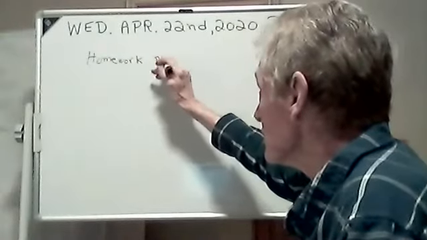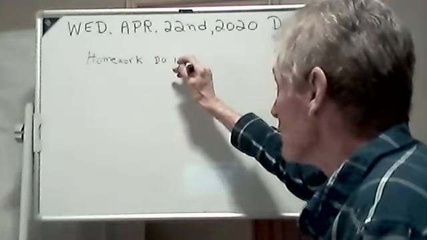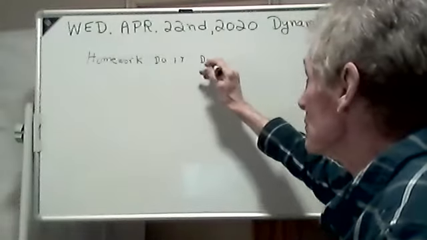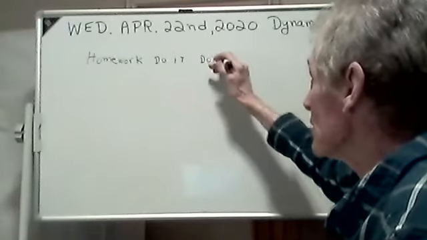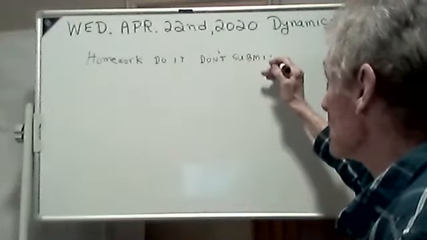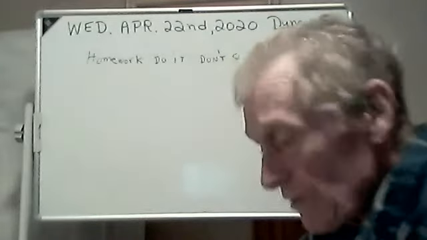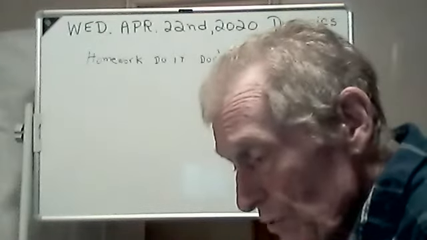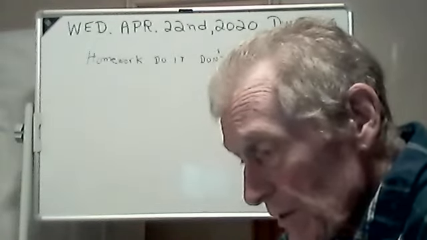Homework, do it. But you don't have to submit it. Because I'm too lazy to grade it. And also because we'll go through it like we're doing right now on Monday.